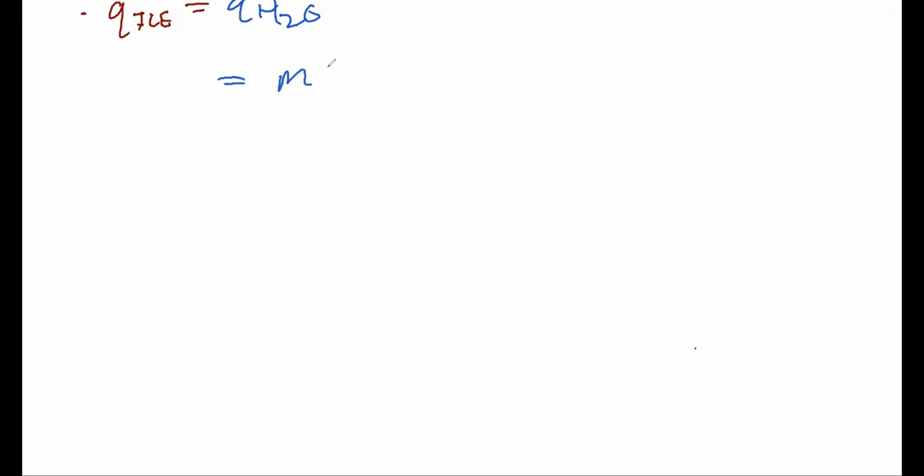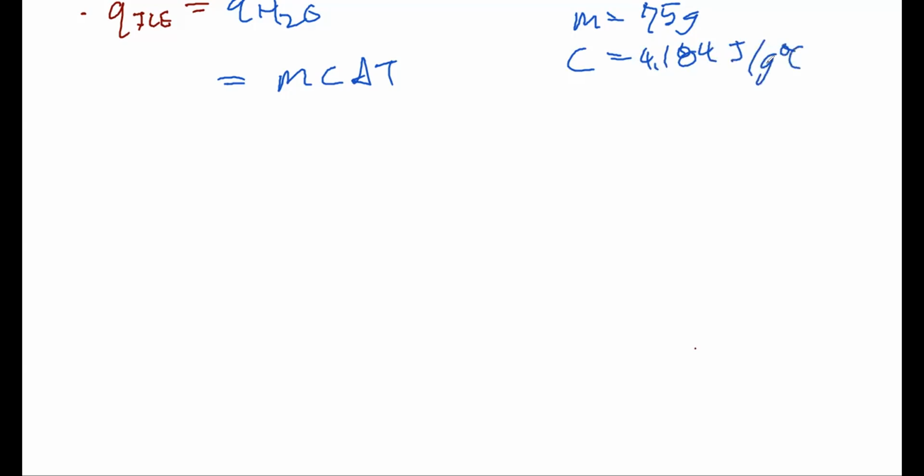So we can do the MCAT, and our mass is going to be 75 grams. Our C is 4.184 joules per gram degrees Celsius, and our delta T is going to be our final temperature, which is 15, minus our initial 85.